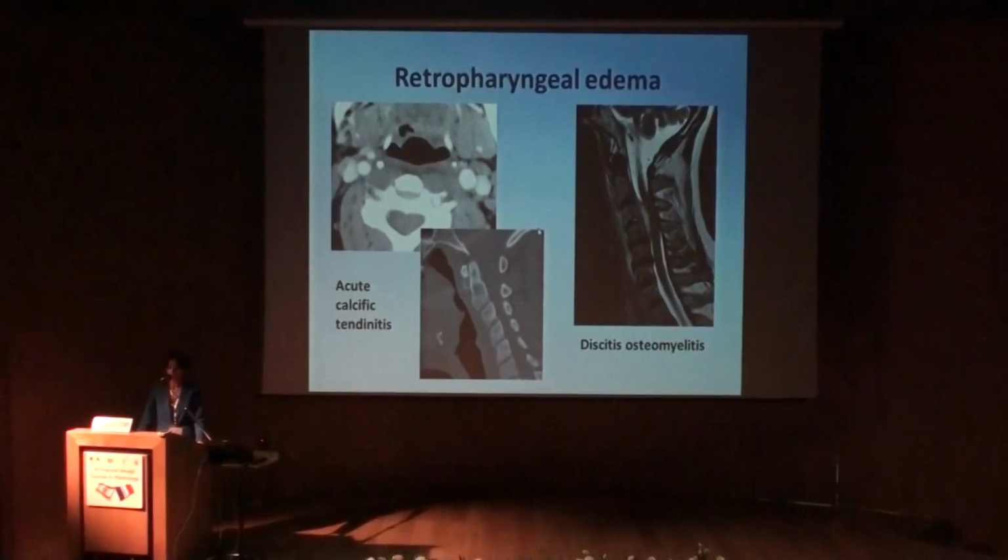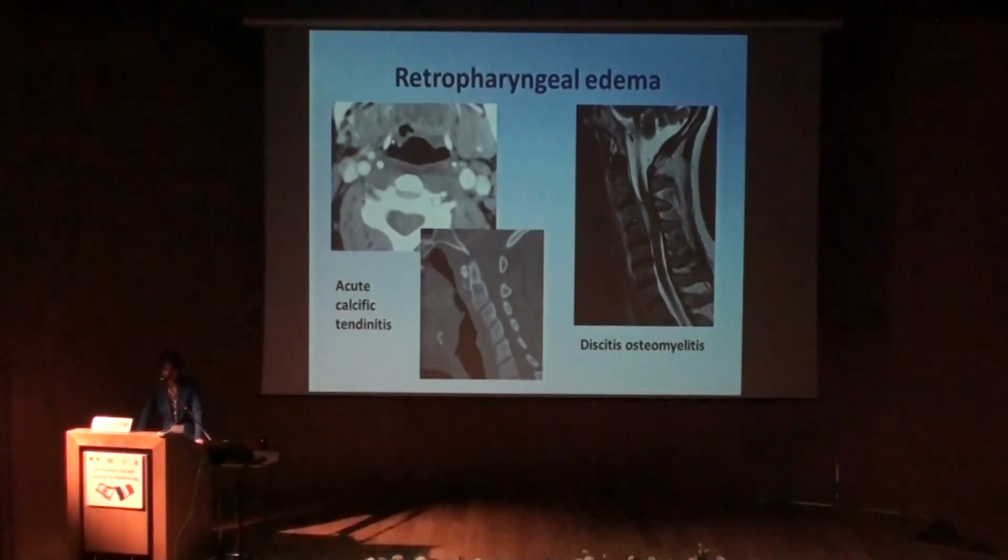Now, retropharyngeal edema is a non-specific sign. It can also be related to processes in the nearby spaces. As I said, the retropharyngeal space is closely related to many other neck spaces, such as the carotid space, the pharyngeal mucosal space, and the paraspinal space.